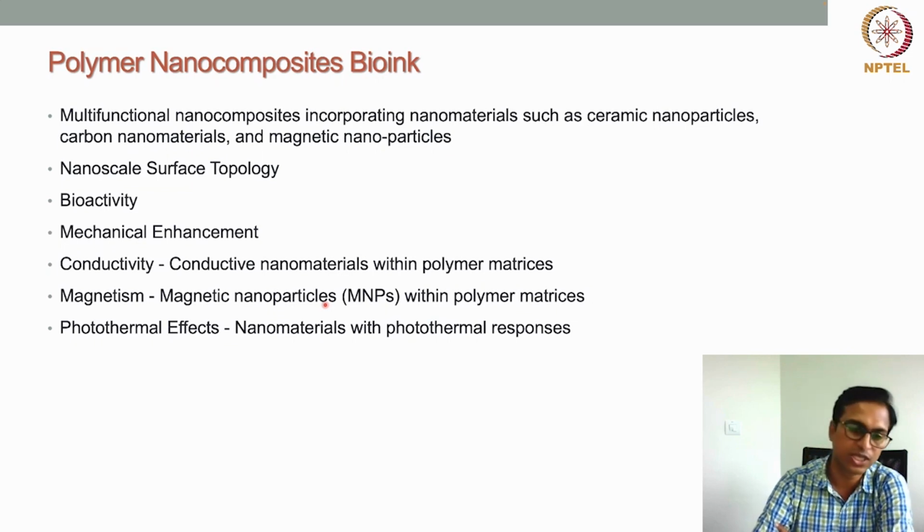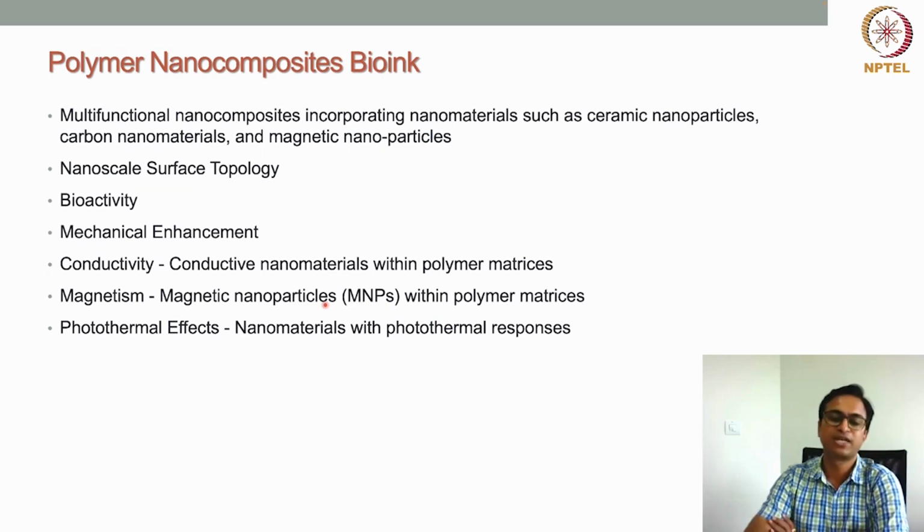When you place a magnet close by, the magnetic nanoparticles can be arranged in a certain way, and by doing that different gradients can be produced within the structure, and this helps in better tissue regeneration.